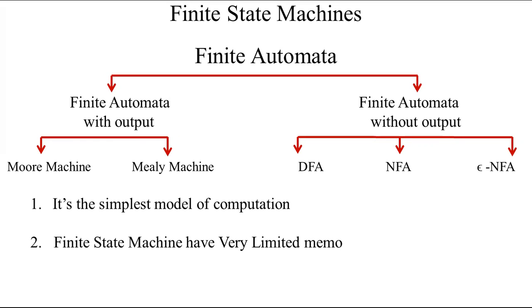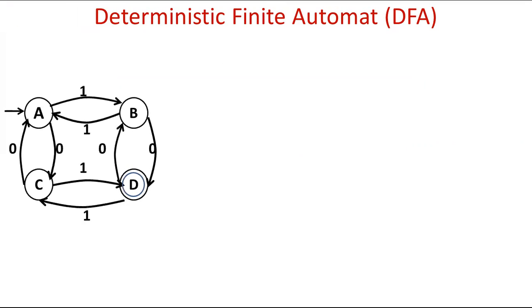These are the two important points we should always keep in mind before studying finite state machines. Now, let us discuss the DFA with a simple structure of a DFA diagram. This diagram shows the structure of the deterministic finite automata, or DFA.